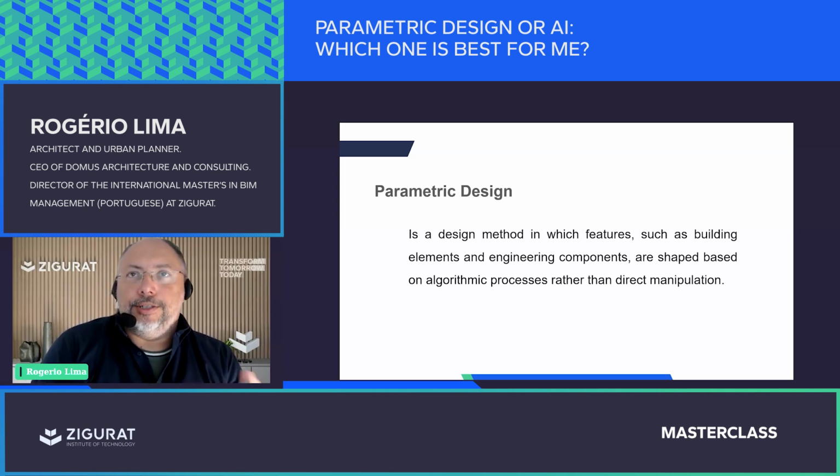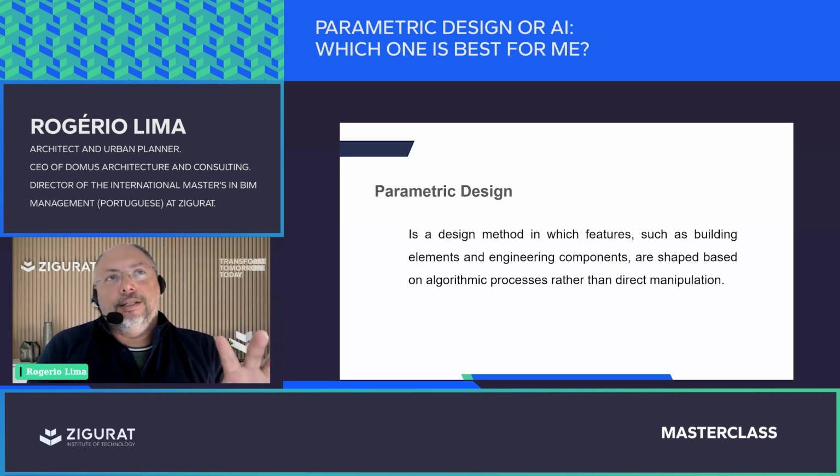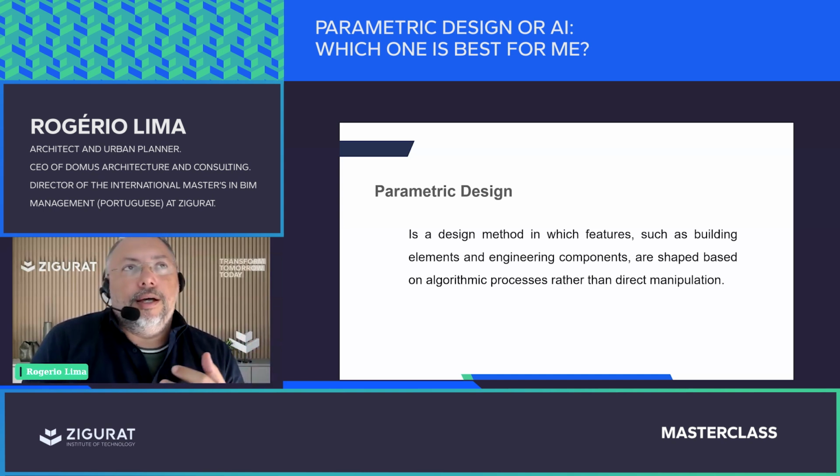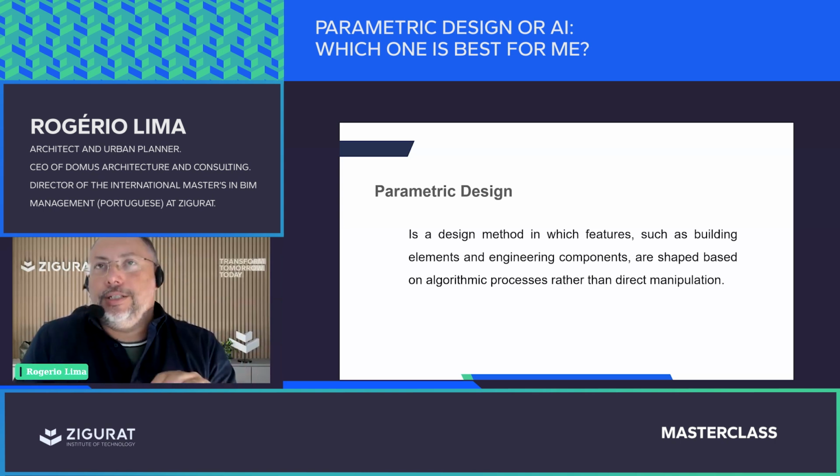You can change something in these parameters and see the change directly on screen. For example, you change the height of the wall, and of course, the wall will change. So this is a way to model, as the concept says to us, directly manipulation.